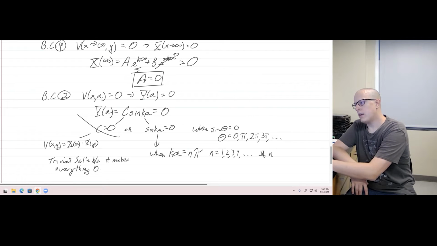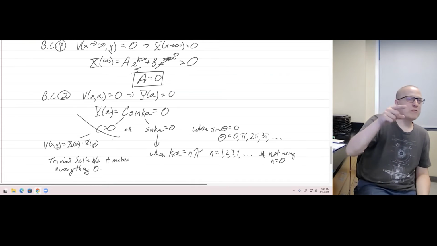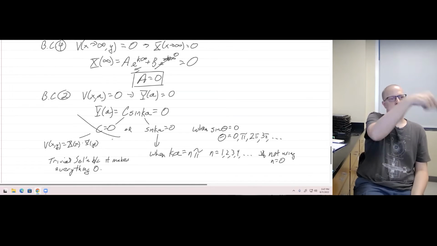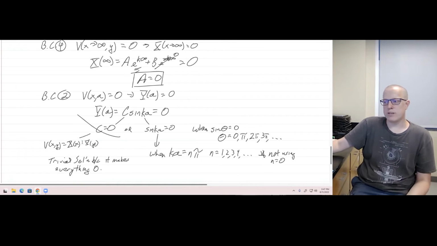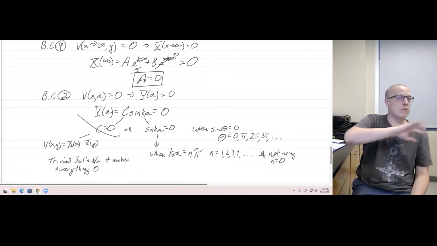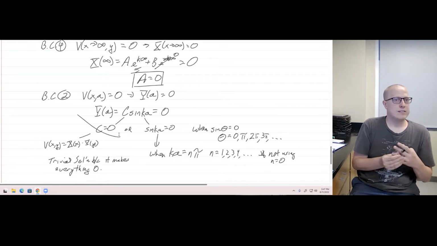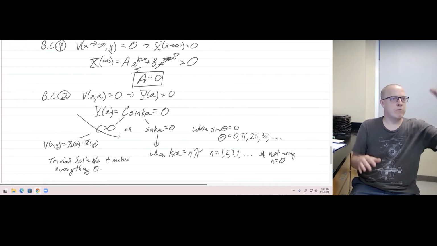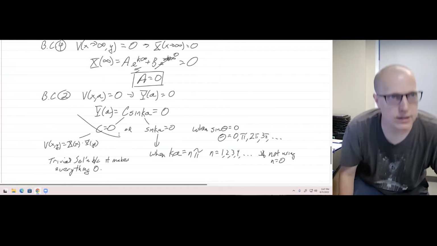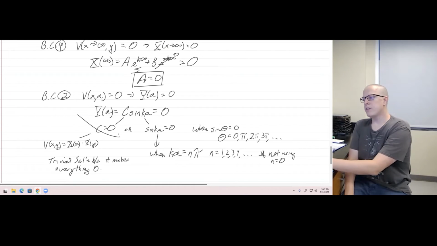Note, I'm not using n equals 0, because if I use n equals 0, I'm just going to get the same exact thing as what we did over here. Because if n is 0, the whole thing is 0. Doesn't matter what value you get for x, it doesn't matter what value you plug in for y. You'll always get 0 there. So we don't use the 0.